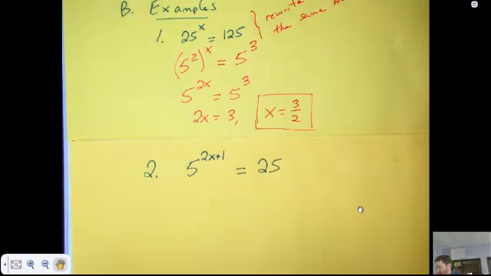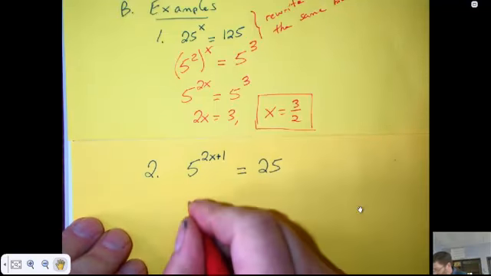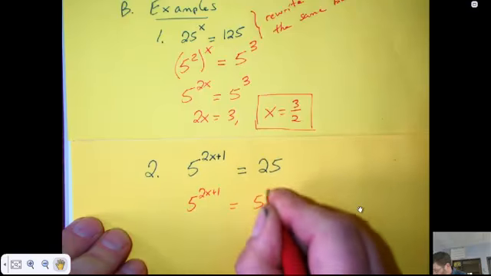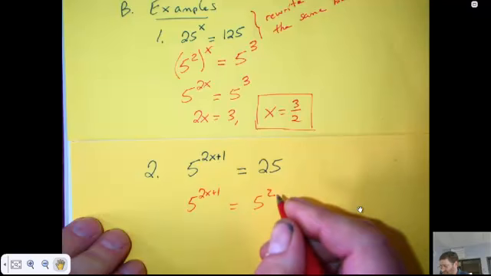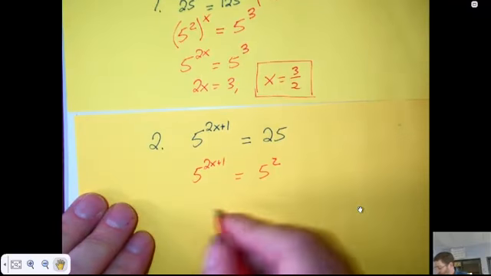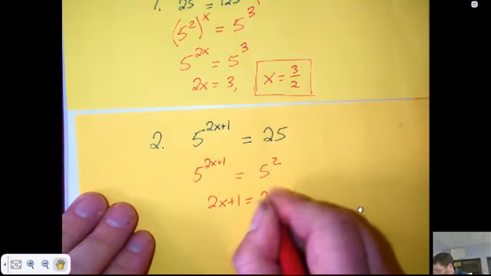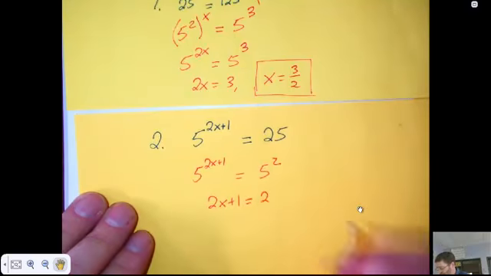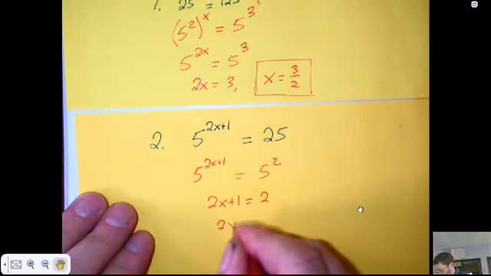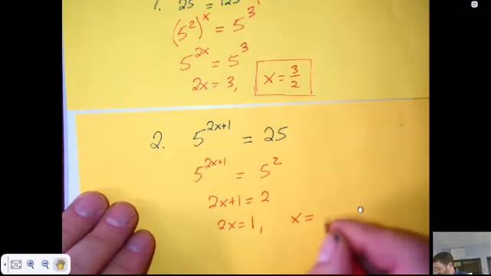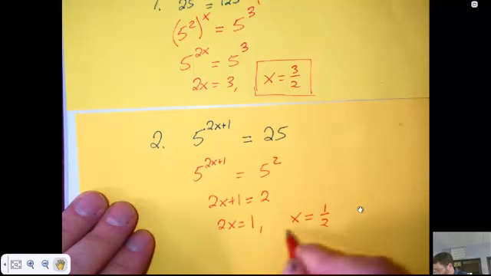Write that 25 as 5 squared. So it means that 2x plus 1 has to equal 2. So 2x is 1, or x is 1/2.